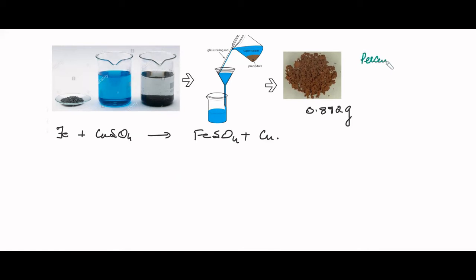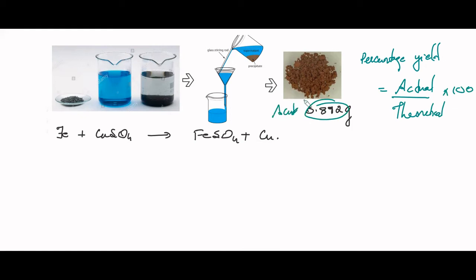Percentage yield is equal to actual yield over theoretical yield times 100. This is our actual yield. Theoretical yield is still unknown to us. Or in other words, I can rewrite this as percentage yield is equal to 0.872 over theoretical, we don't know how much it is, times 100. Now let's try solving how much the theoretical yield is and then come back to this section once again.